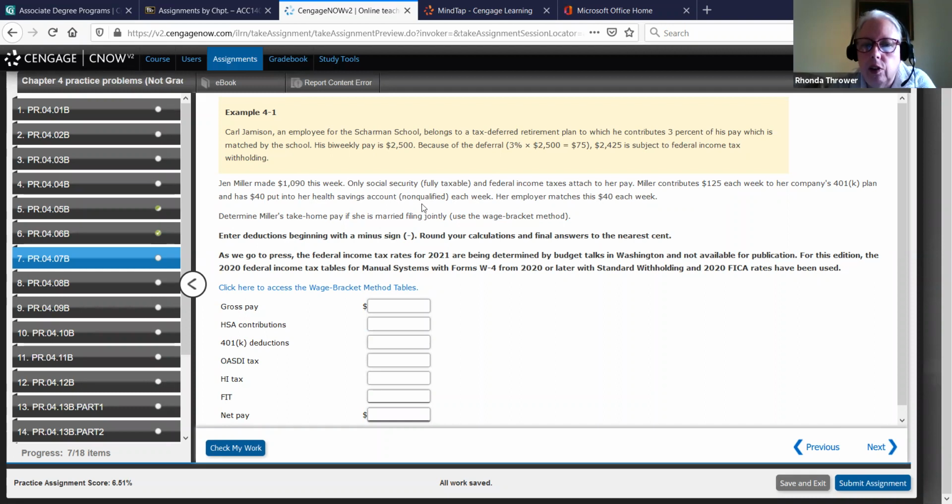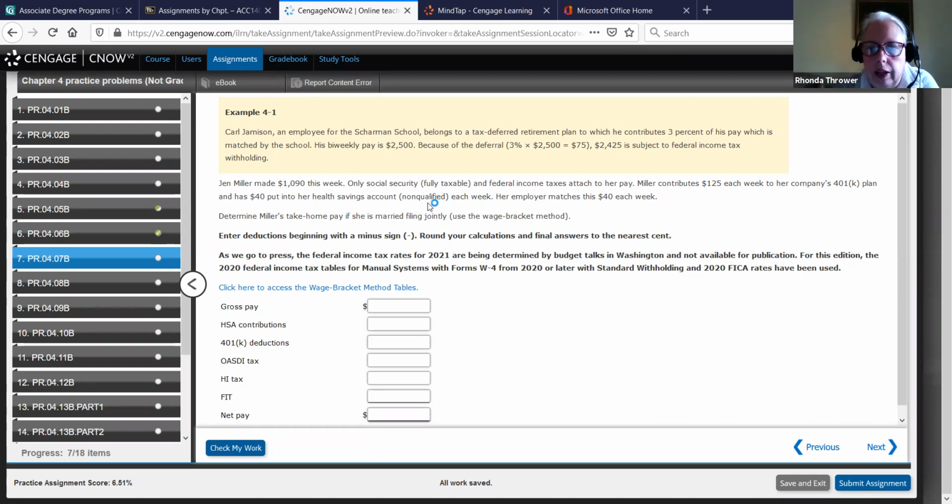This non-qualified is very important in solving this problem. Since it's non-qualified, a health savings account means that this amount is taxable. If this had said a health savings account that was qualified, qualified means that the expenses are related to the health care account, then you would have been able to deduct this. So this right here is the key to getting this problem right.